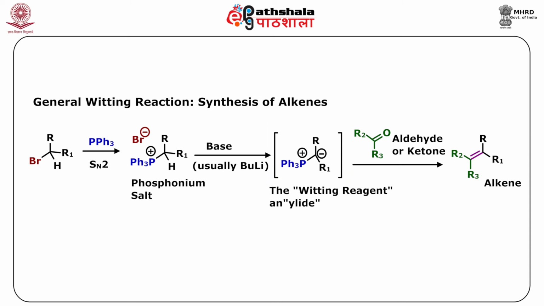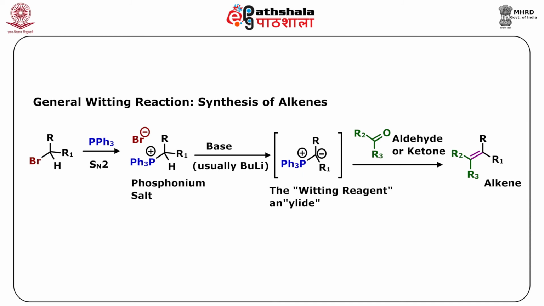So, you can see here this ylide which is represented here, the Ph3P plus with C having minus joined to R and R1. And now this particular Wittig reagent or the phosphonium ylide, when it is reacted with any aldehyde or ketone, you get the alkene which is represented here.